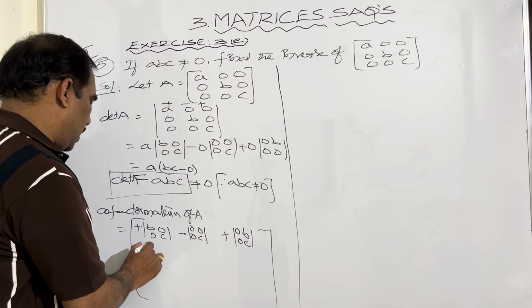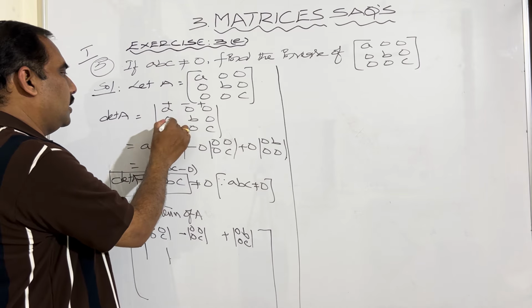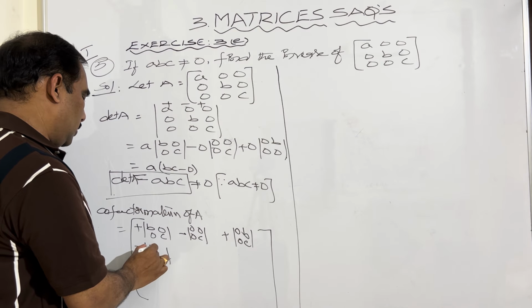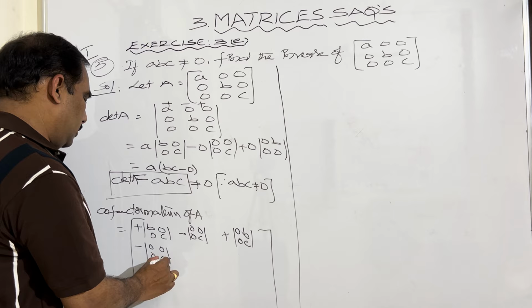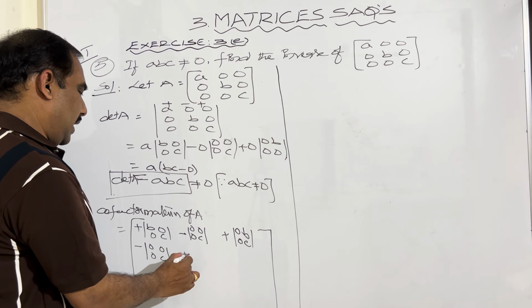Again with minus, second row, first column deleted, we get 0 0, 0 C. And again second row, with plus.